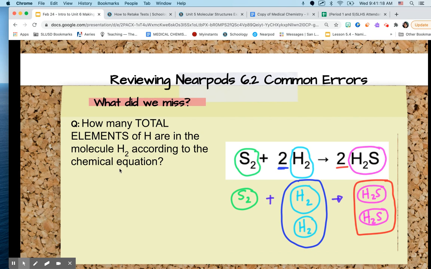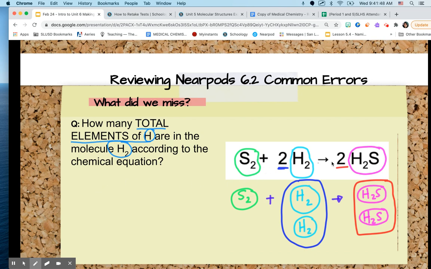So, for example, how many total elements of H are there in the molecule H2 according to the chemical equation? And there's 2 ways to solve for this. Right? So I need to pay attention to the fact that it's asking for total elements of H in just the molecule H2.